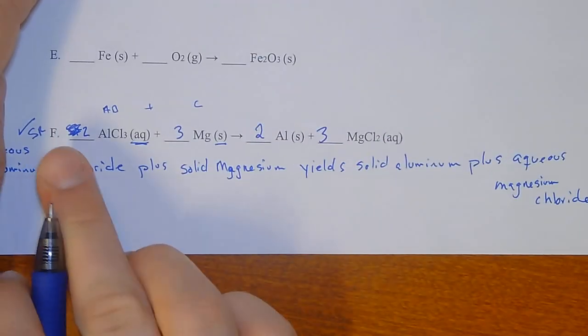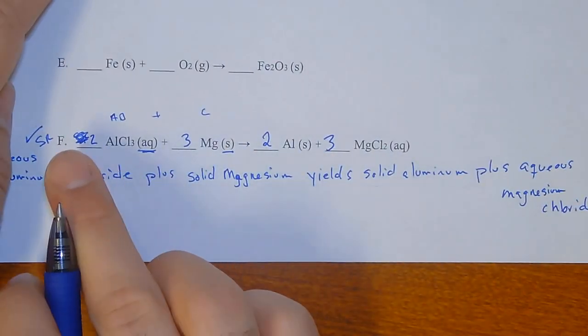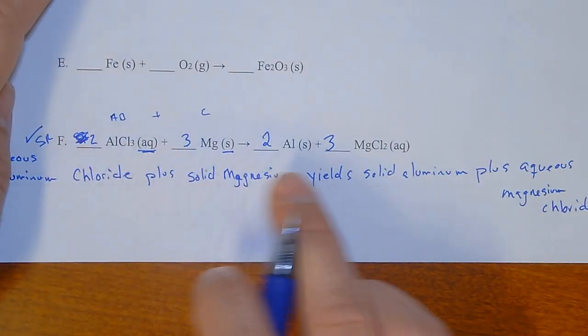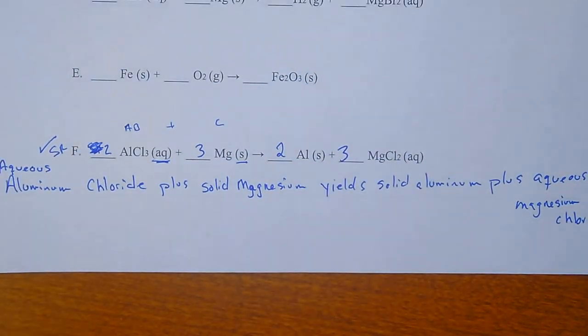Okay, there we go. So I wrote all of that in word form using those signs. Notice how I didn't do anything with the coefficients. Coefficients are not represented in the word form.